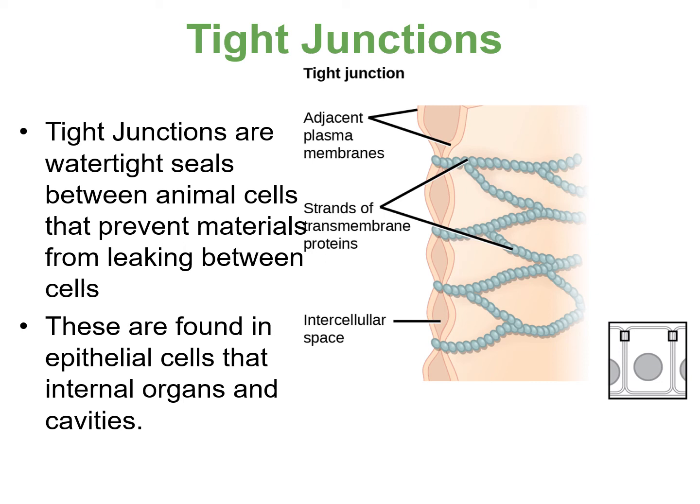What's so important about this? Well, this tight junction may be between cells lining your stomach or your large intestine. Fluid comes, hits, and then bounces right back out. So that way you are not leaking stomach contents.